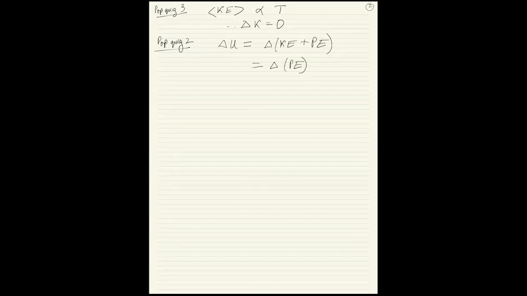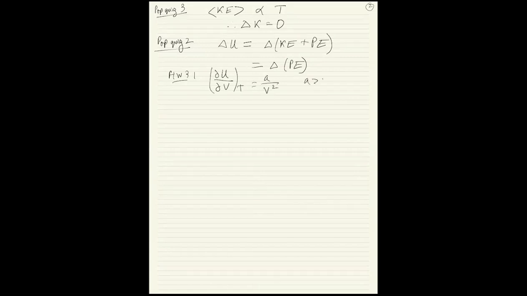Now, you could have got the correct answer here in 2 ways. You might have remembered that in homework 3, problem 1, Kevin's problem, we showed that partial U by partial V at constant T is equal to a by V squared.